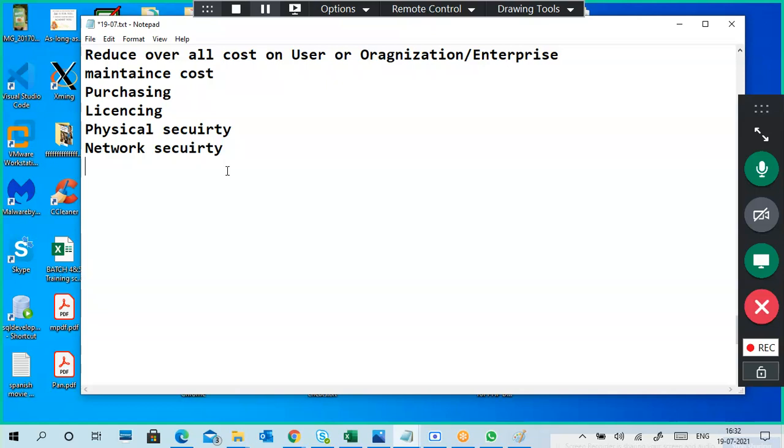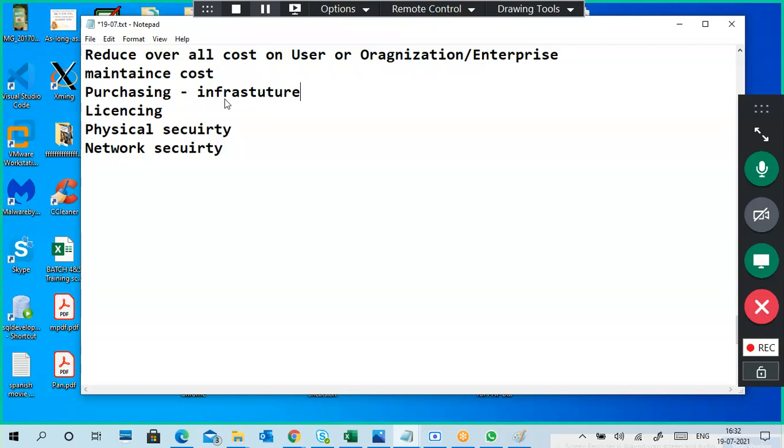Network security and management costs will be reduced. Infrastructure cost: purchasing cost means your main infrastructure cost will be reduced. Purchasing of infrastructure, CPU, RAM, cabinets, the data center, licenses for servers and virtualization, the licensing part will be reduced.